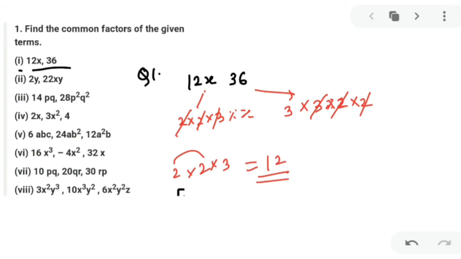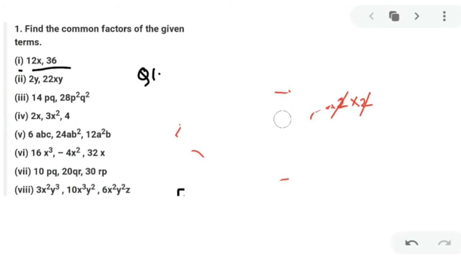Let's go on to problem number 3 of this. Let's see what problem number 3 says.